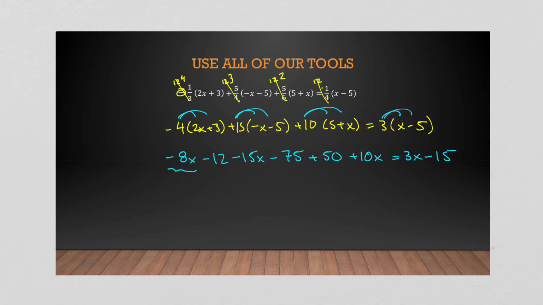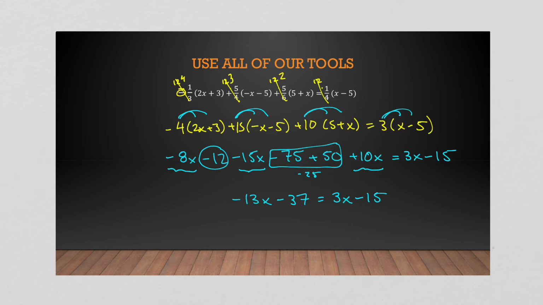So now negative 8 minus 15 plus 10, so that's negative 23 plus 10 is negative 13x, and then negative 12, this is negative 25, so negative 12 and negative 25 is negative 37, and that equals 3x minus 15.